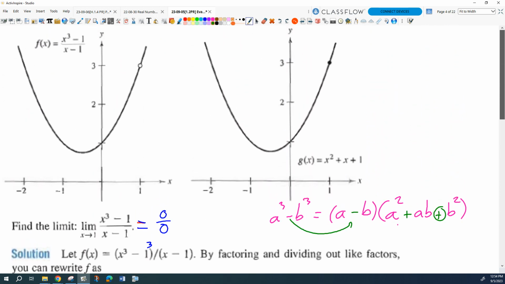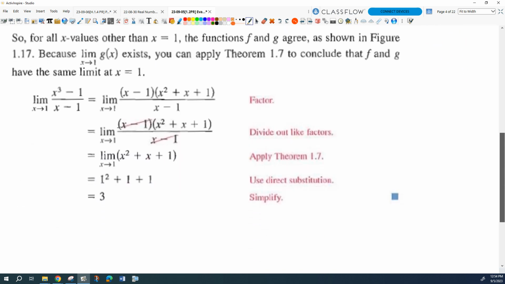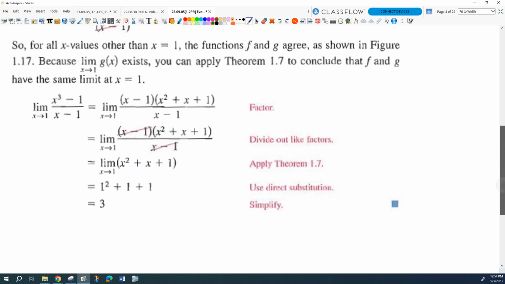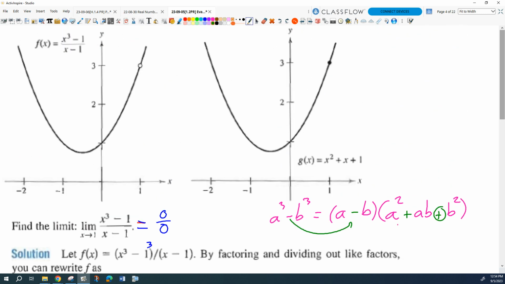It means we've traded our original function, which had a hole at x equals 1, for a new function. And what was that function? X squared plus x plus 1, right? That's the function that was left behind when we canceled those factors, right? What did that do? Well, it just created the same exact parabola, only it filled in the hole. Now we're able to apply direct substitution, right?